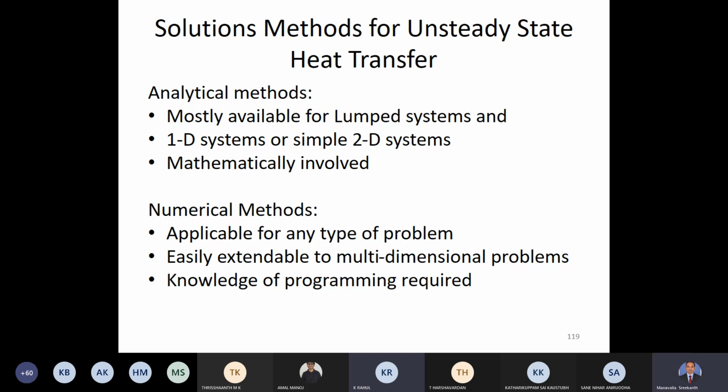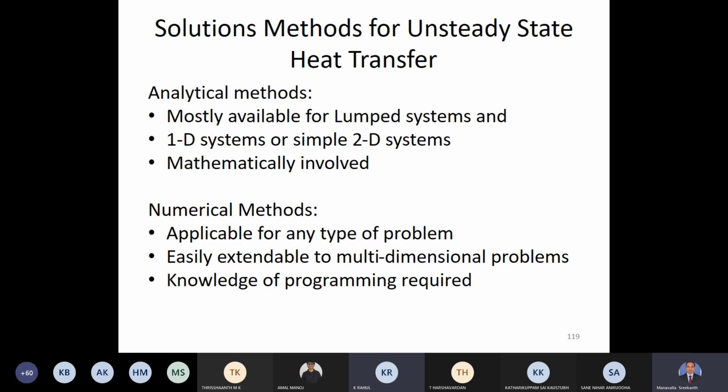Once you have millions of equations with millions of unknowns, you should be able to write a program to solve them. Those equations can be linear or non-linear. For linear equations, a certain simplicity to solve is available. For non-linear equations, you may need special methods of solving.